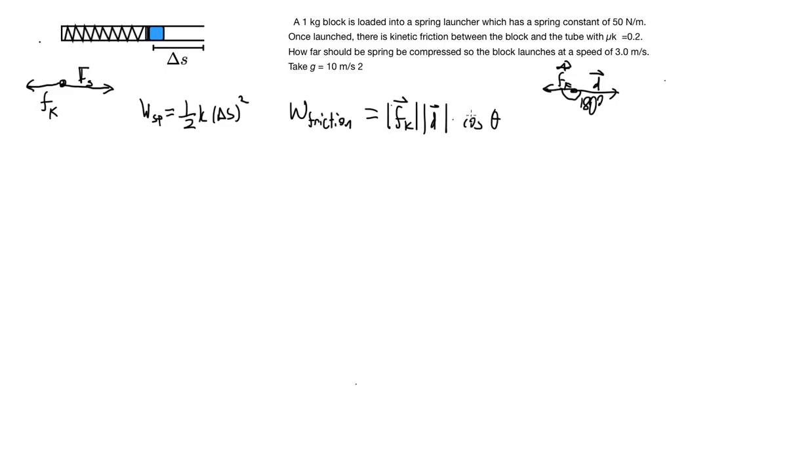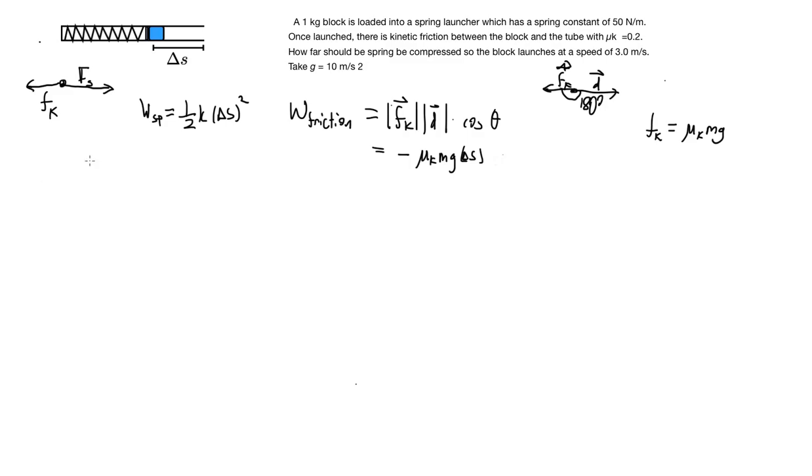So the cosine of 180 is -1, and we also know that the friction force has magnitude, in this case, of mu k mg. Therefore, this whole term has a value of negative mu k mg times delta S. The negative is taking care of the cosine term.